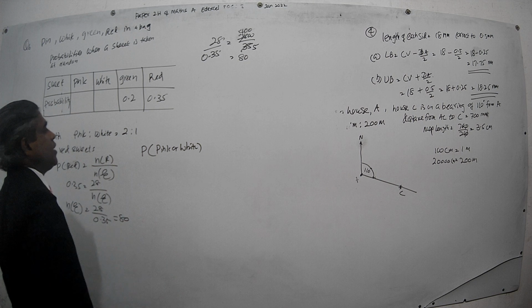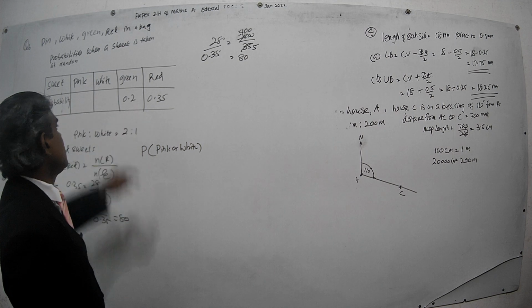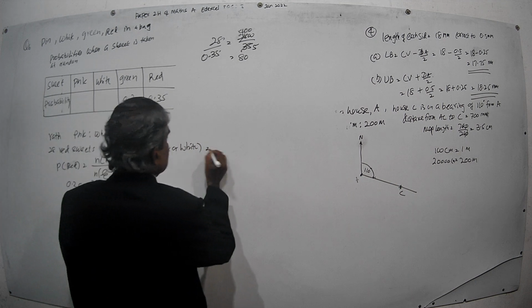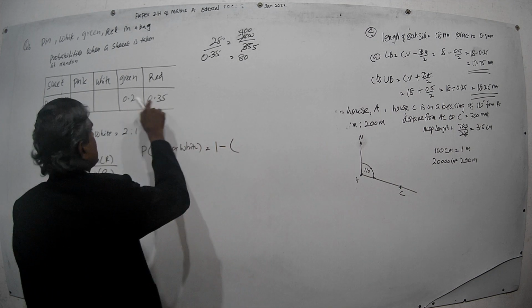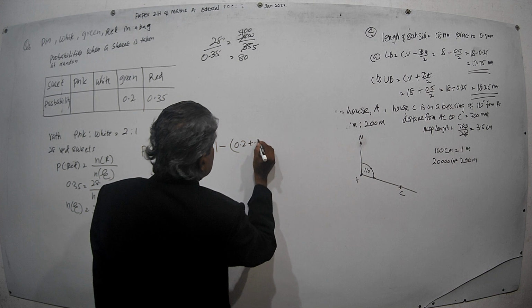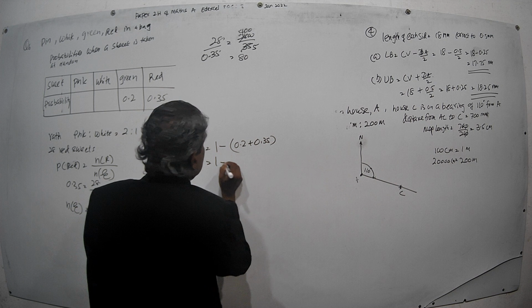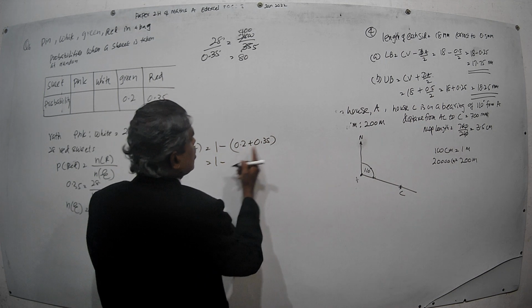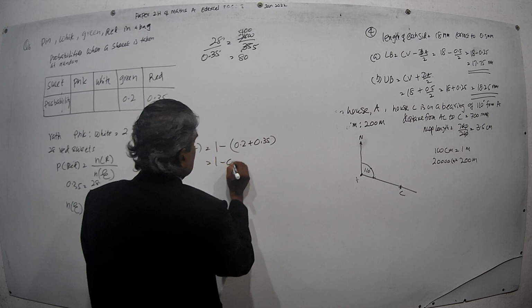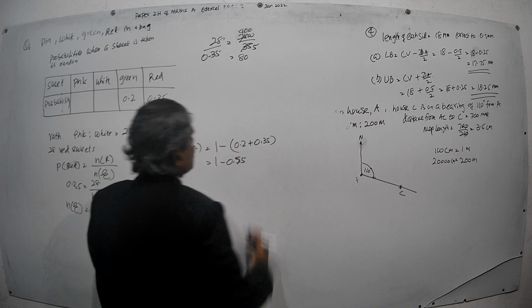How do you get this? The total probability is 1, so it is 1 minus the other two probabilities, 0.2 plus 0.35.